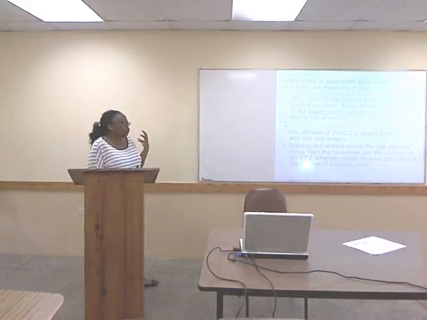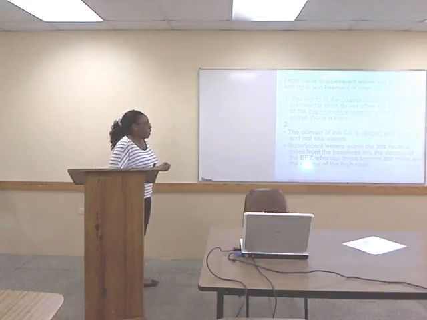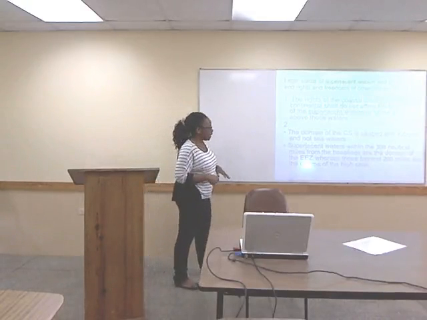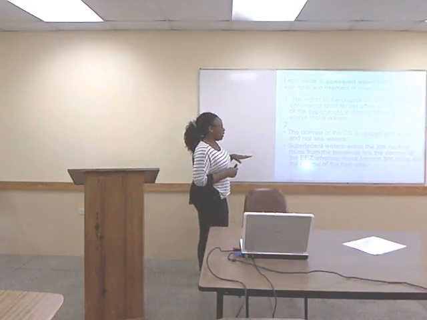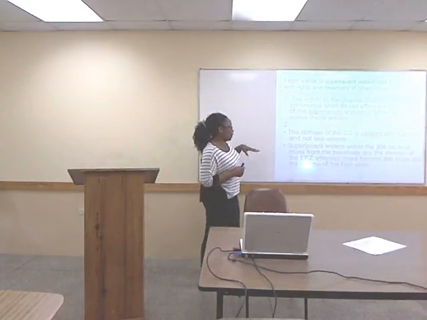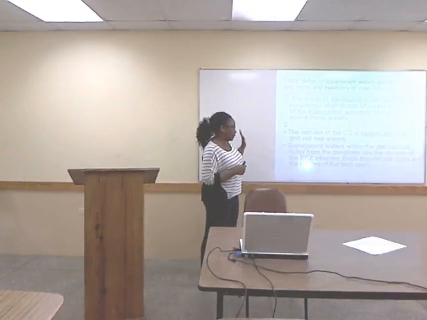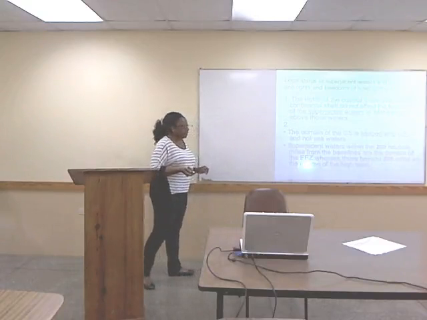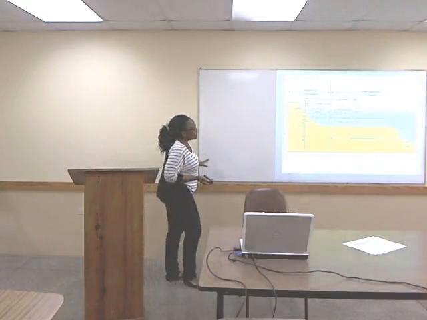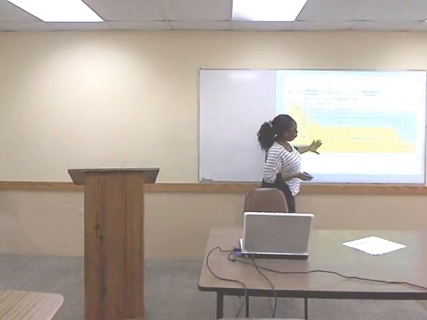So when we think about superadjacent waters, I have a diagram that will further explain this. The superadjacent waters fall within the 200 nautical miles from the baseline, and it's all part of the domain of the EEZ, whereas those beyond the 200 miles are the regime of the high seas. Right? And this is what we're referring to here.